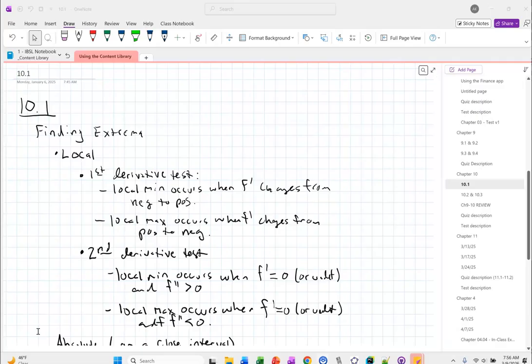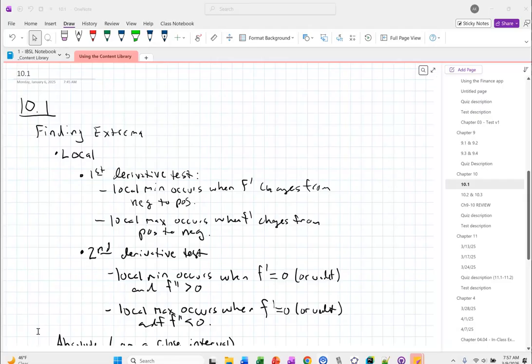What will the value of the derivative be if it changes from negative to positive? It would be 0, right? Assuming the derivative is continuous. The second derivative test says I have a local minimum if the first derivative is 0 and the second derivative is positive.